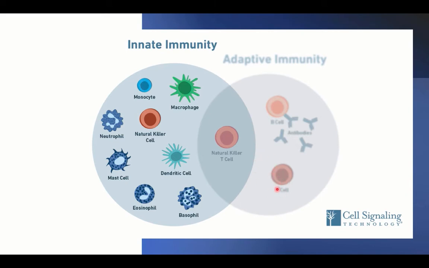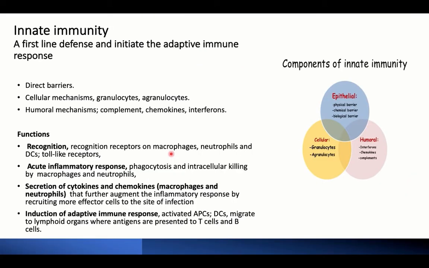T lymphocytes constitute cellular immunity, and the B lymphocytes secrete or produce antibodies, constituting a part of the humoral immunity. In the innate immunity, we have natural killer cells again, monocytes, macrophages, neutrophils, mast cells, eosinophils, basophils, and dendritic cells.